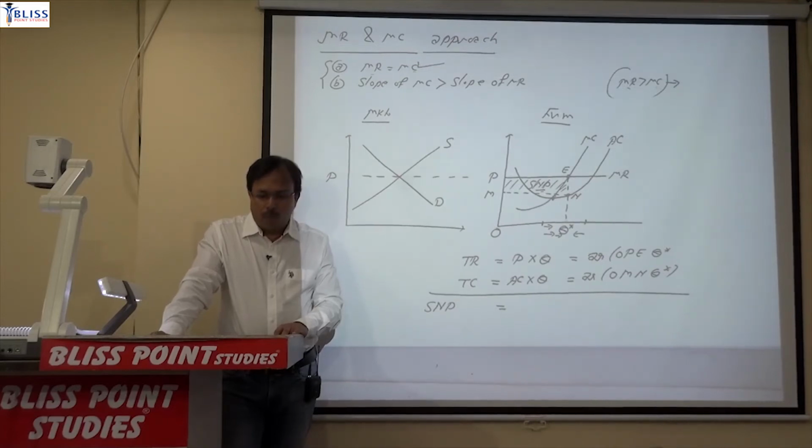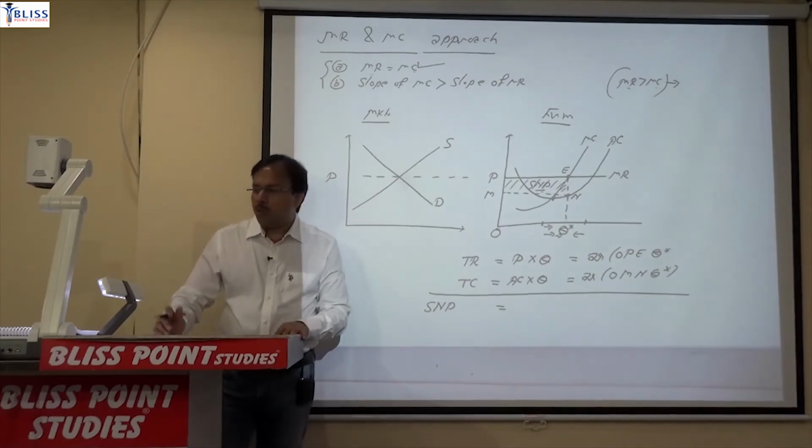On the other end, to the right of output Q star, each unit is adding more to cost and less to revenue.